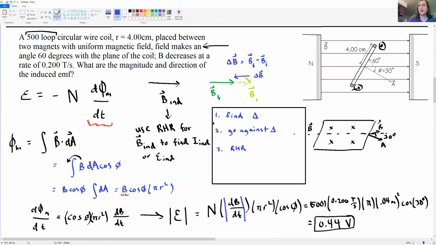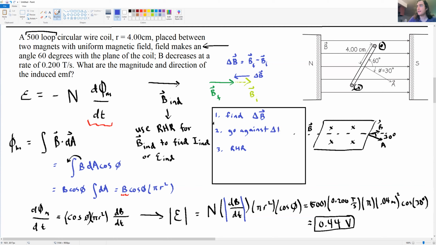Now this delta doesn't necessarily have to be B. This could be I, or E, an electric field. It could be a voltage, an electric field, a current, or a magnetic field. Whatever it is, find the delta. In this particular example, it was B, so let's fill it in.